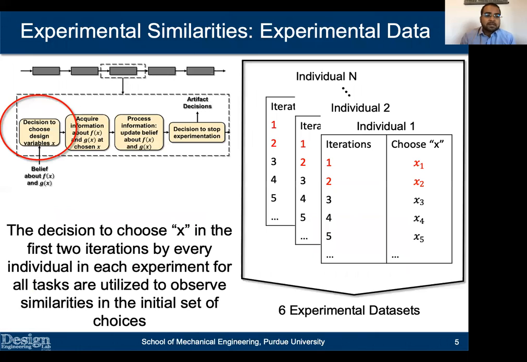From an experimental standpoint, when we focus on this design decision of choosing X, we have data for every individual of what values of X they chose at each iteration, and we have this sort of data for 6 experimental data sets. So what we are trying to see is the similarity of the first decisions that the designers make across various design spaces, and to identify any similarities or patterns in their decision choices.